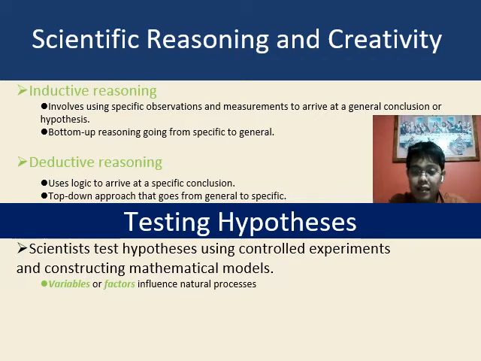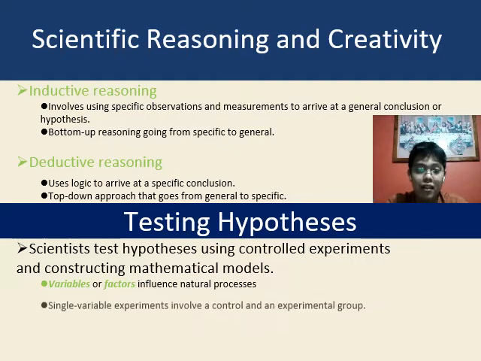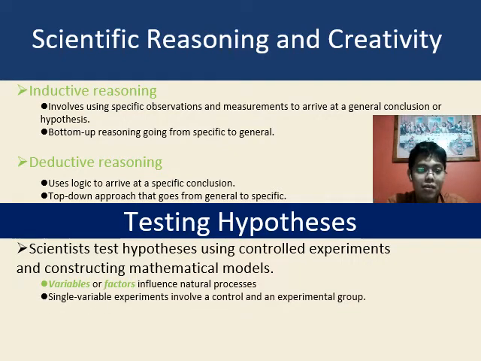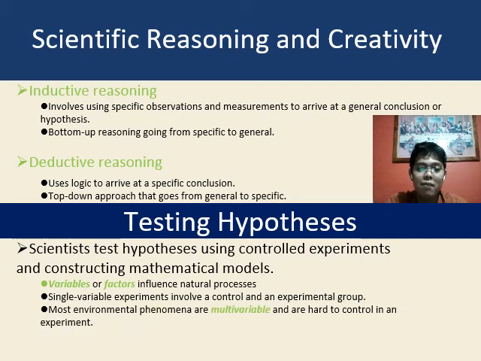There is a variable there, a factor that will determine the result of the experiment. And single variable experiments involve a control and experimental group. And most environmental phenomena are multivariable and are hard to control in an experiment.